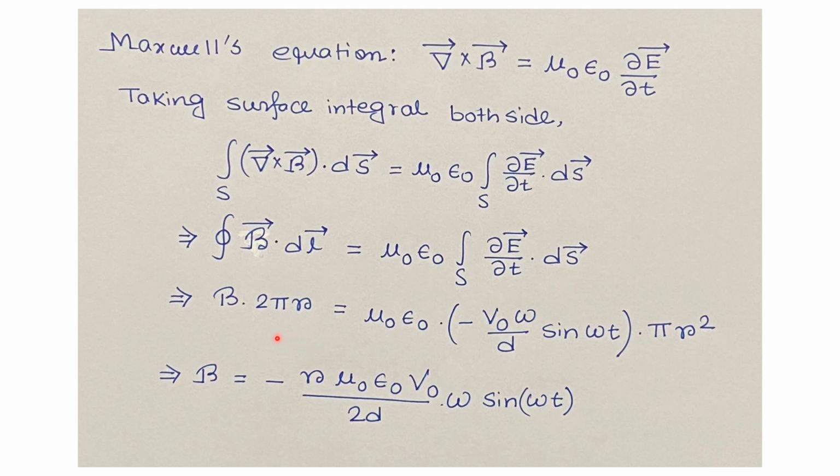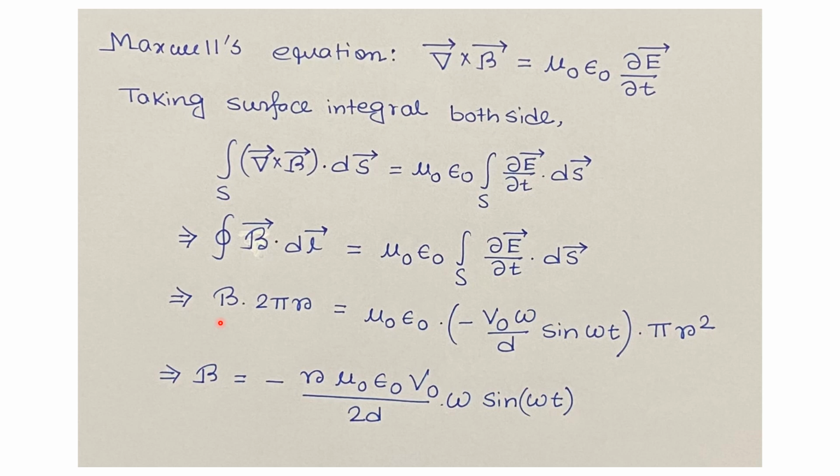So here the line integral part will give B times 2 pi r. Here 2 pi r is the circumference of the small loop having radius r that we considered in the first slide, and that is equal to mu naught times epsilon naught times this del E by del t, that will give minus V naught omega divided by d times sin omega t, times the surface area of the circular loop, that is pi r square.